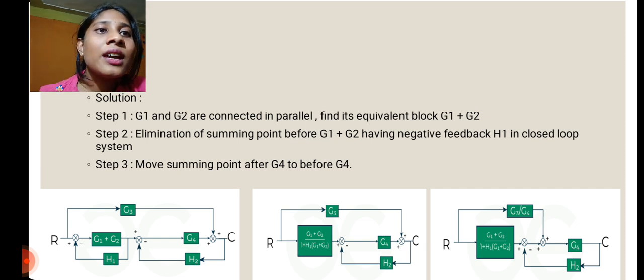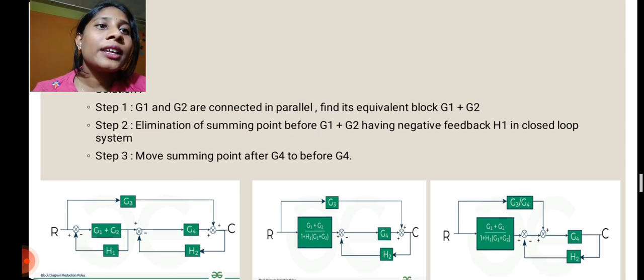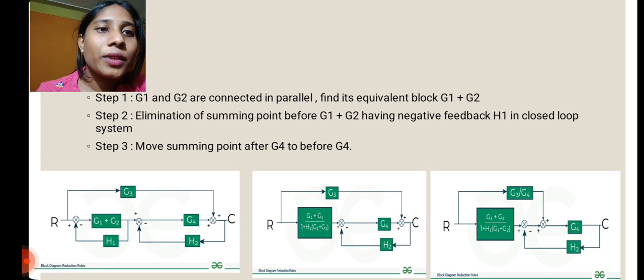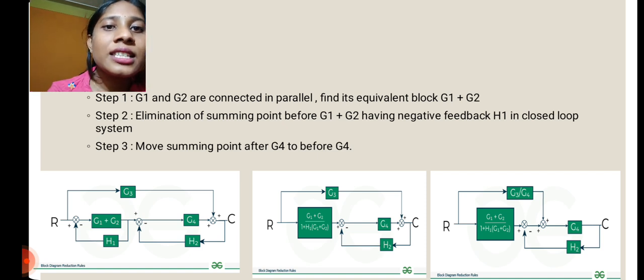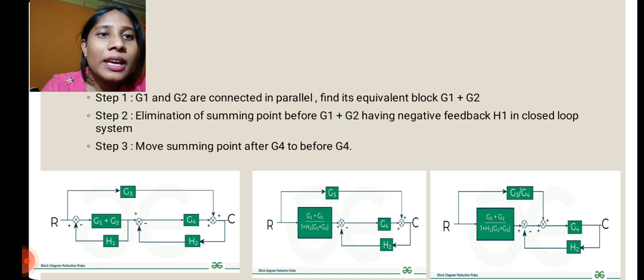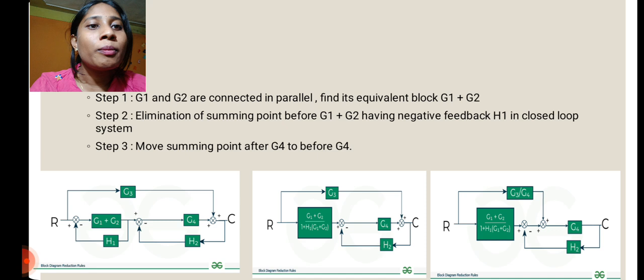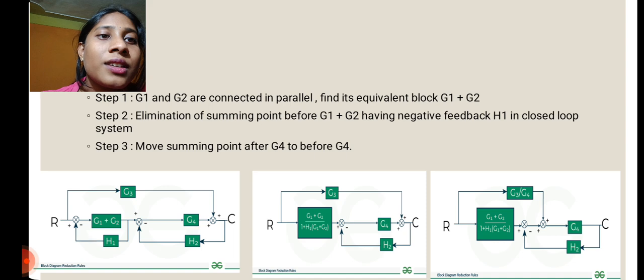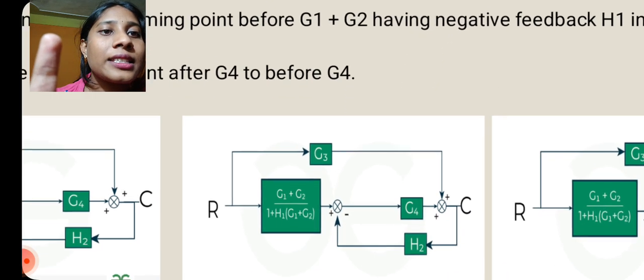As you can see, G1 and G2 have negative feedback H1, a closed loop system. So it becomes G1 plus G2 by 1 plus G1 H1, as you can see in this block diagram.